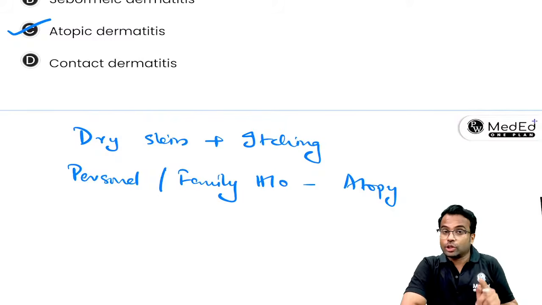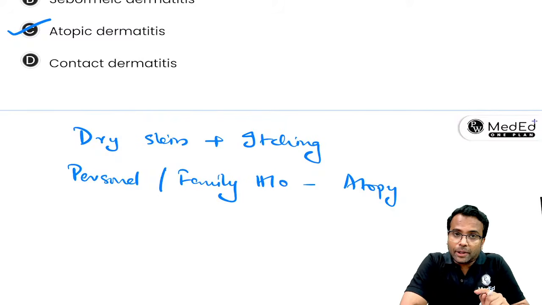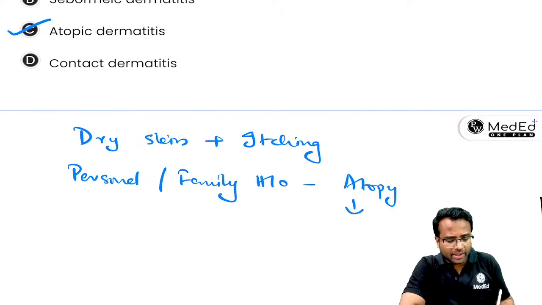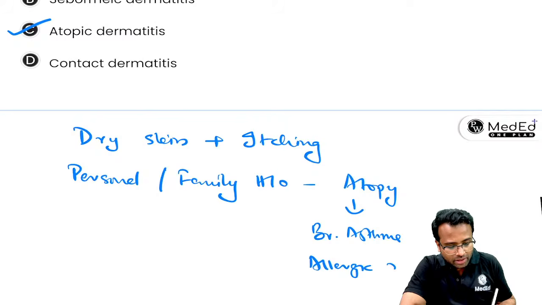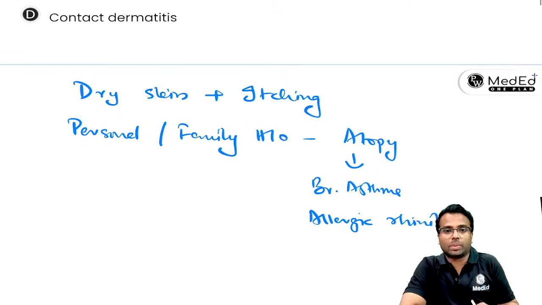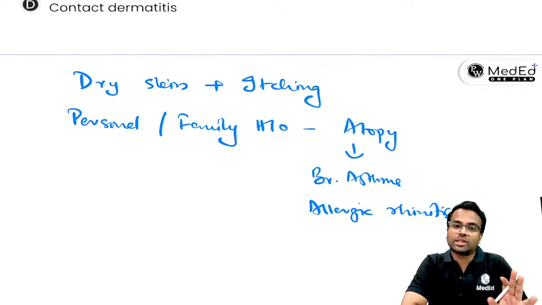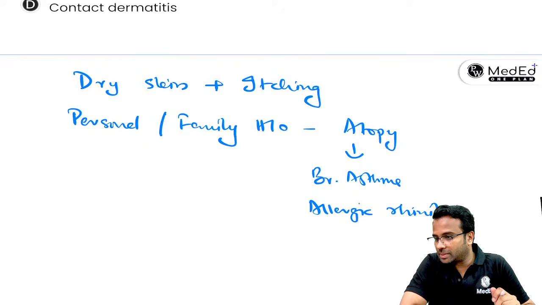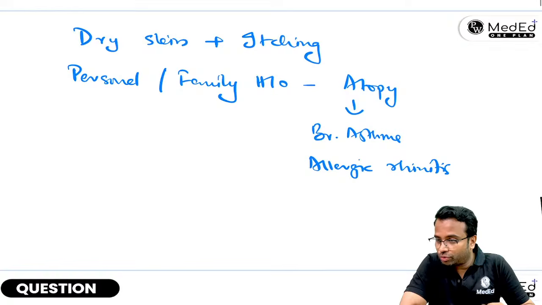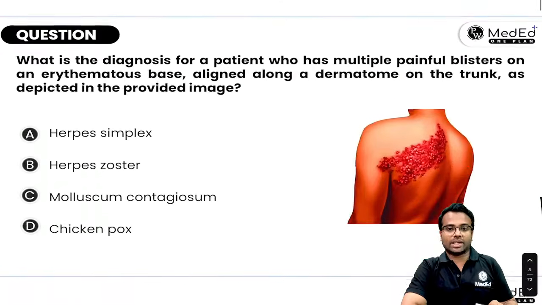On the day of the exam, this atopy can be different diseases. It can be either bronchial asthma or allergic rhinitis. So whatever combination comes for your exam, when you see this kind of presentation together, the answer should be atopic dermatitis. Clear? So Subha, Rajat, all of you are answering it right. Excellent. Now let's keep going.